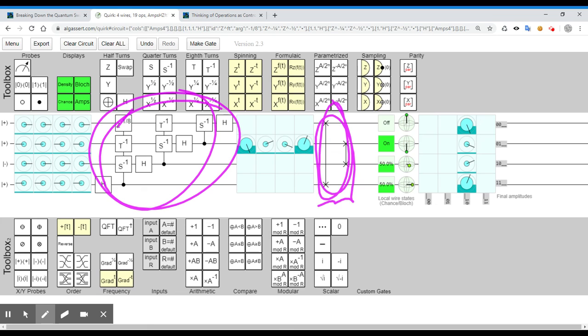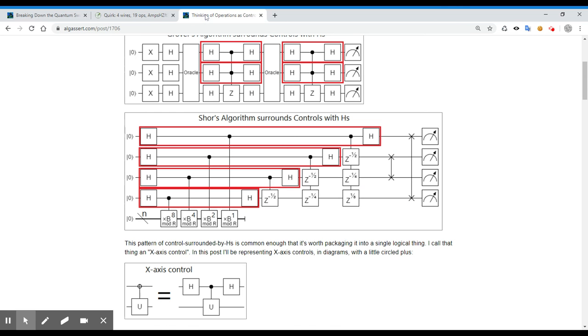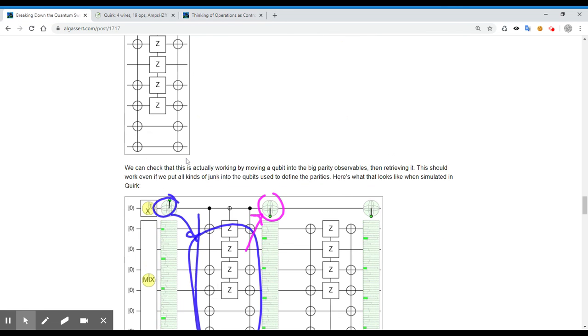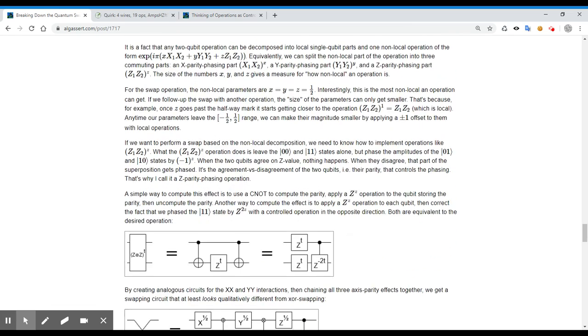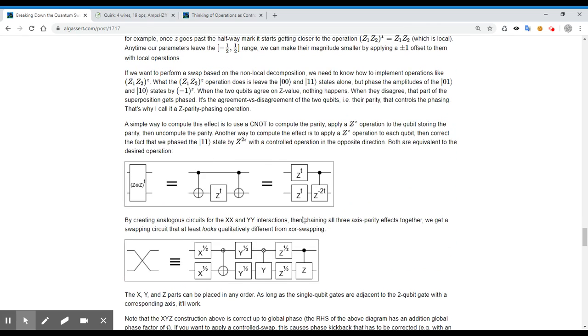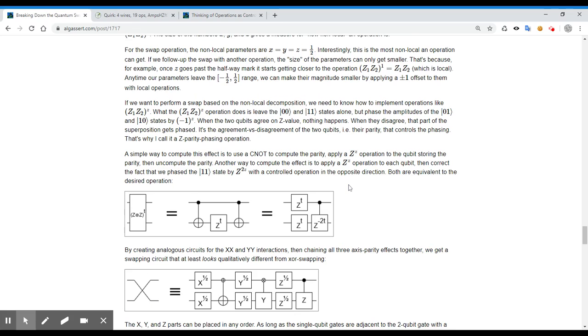So you've got Hadamard operations, rotation operations and controlled rotations. So maybe this is what I should dig into. Maybe I'll do another video session on these first, to try to deep dive into these, talk about interference in here, as I said, and then maybe the next videos are going to go back to the XYZ swapping. Although I don't know which one I'll do first.